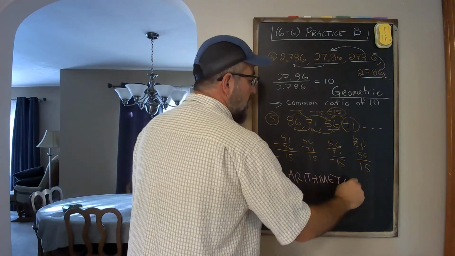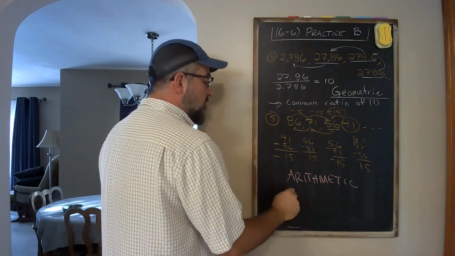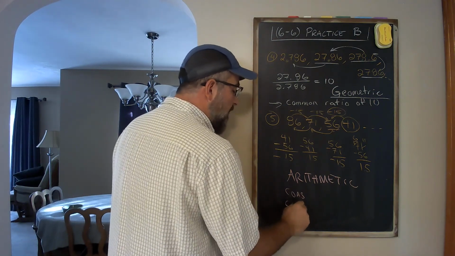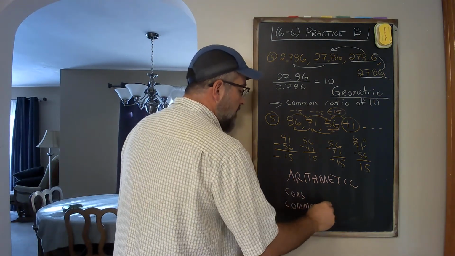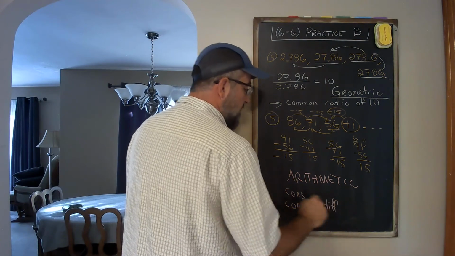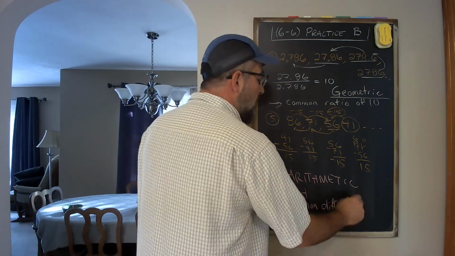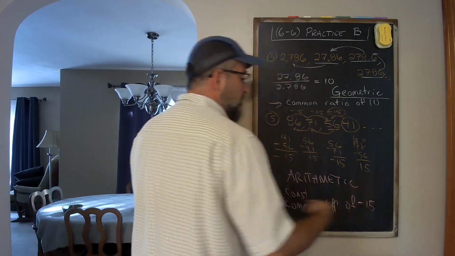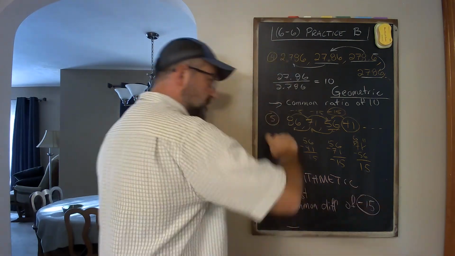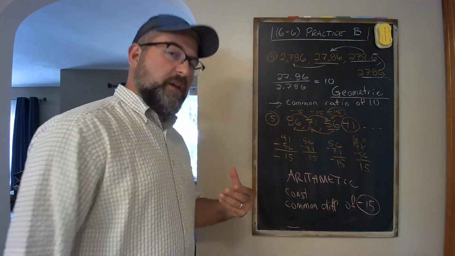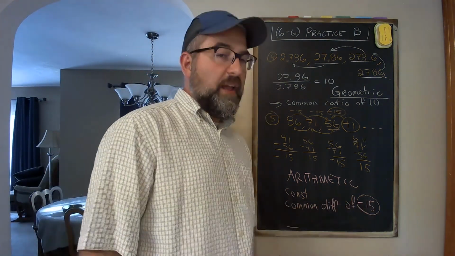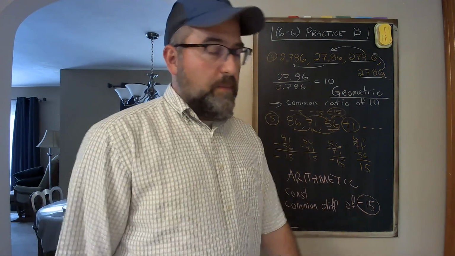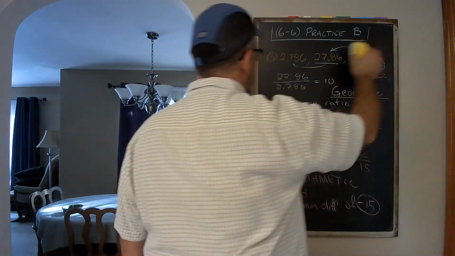And the reason is there's a common difference, or a constant difference, either way you want to say it, of negative 15. Since the sequence is going down in value, it's going to be a common difference of negative 15. If it's growing, then that would be positive. So there's our reasoning for number 5.